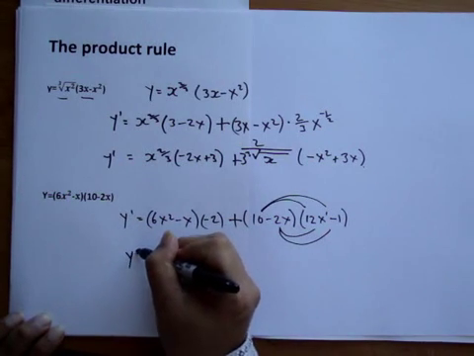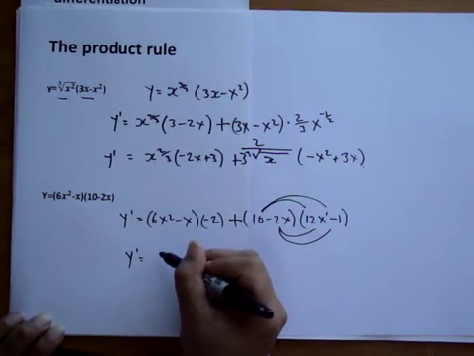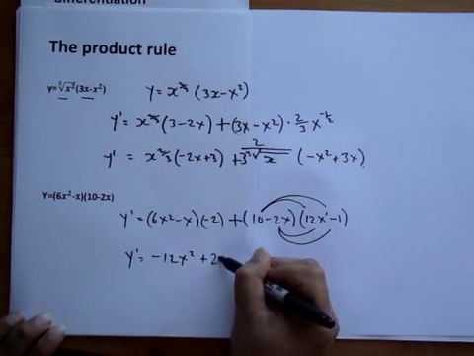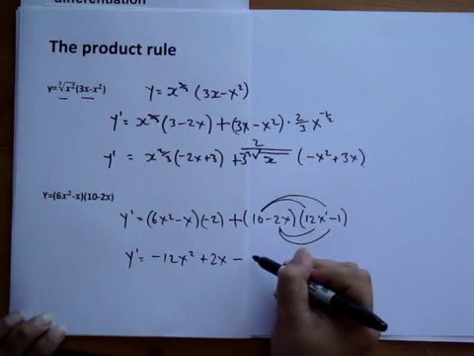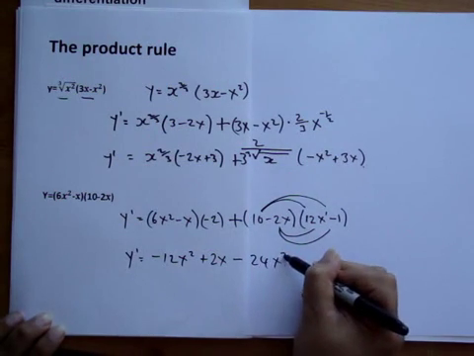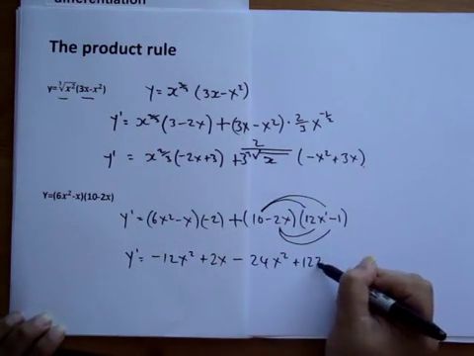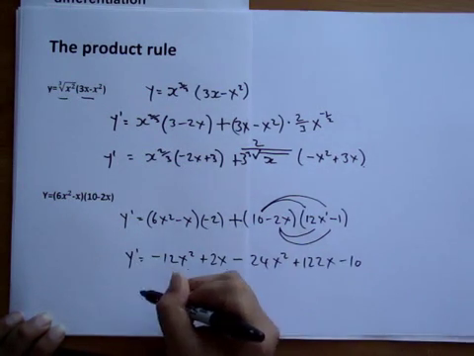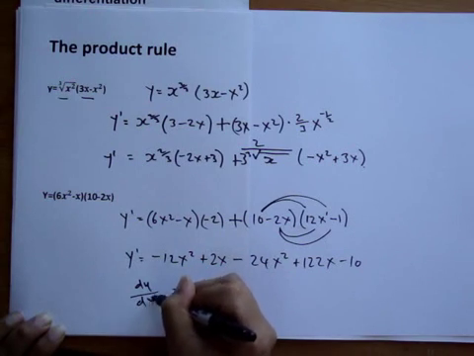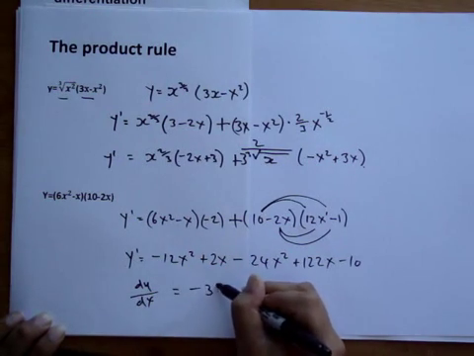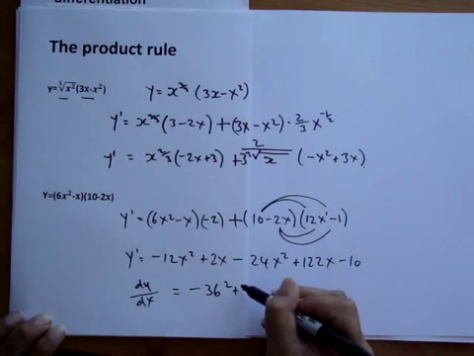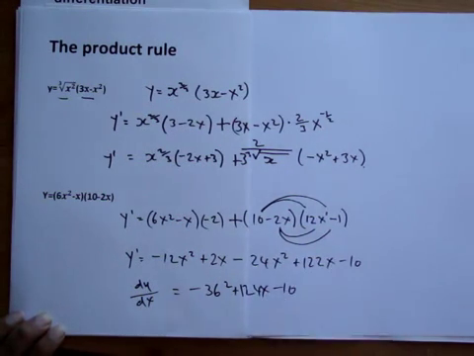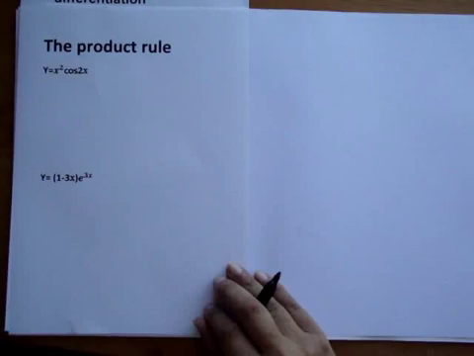So y prime becomes minus 2 times minus 6 minus 12x squared plus 2x minus 24x squared plus 122x minus 10, and when we tally that up, dy by dx is minus 36x squared plus 124x minus 10, and that is our answer.